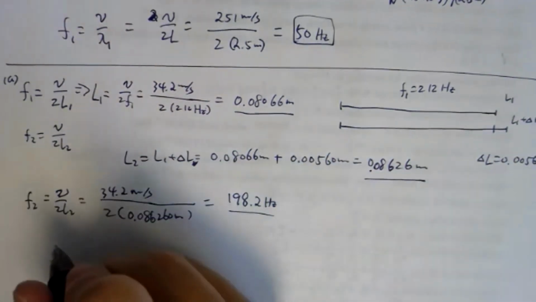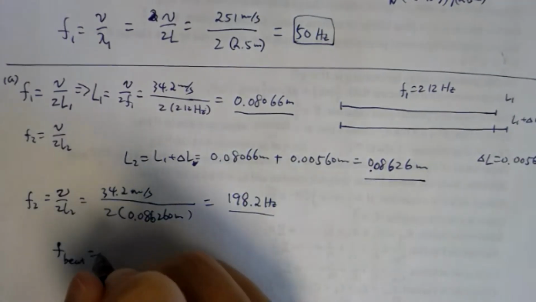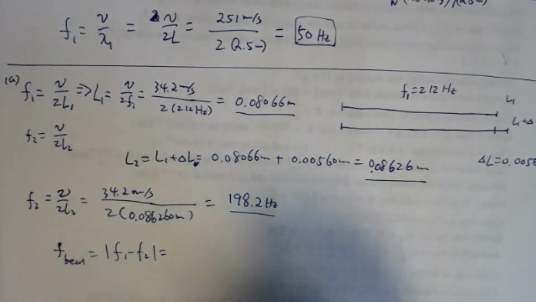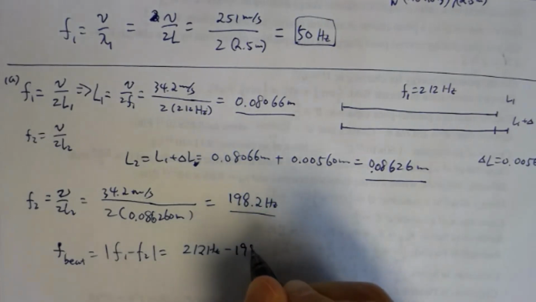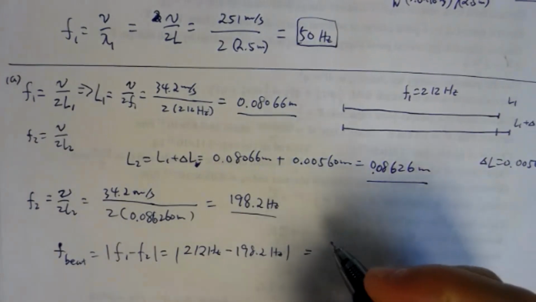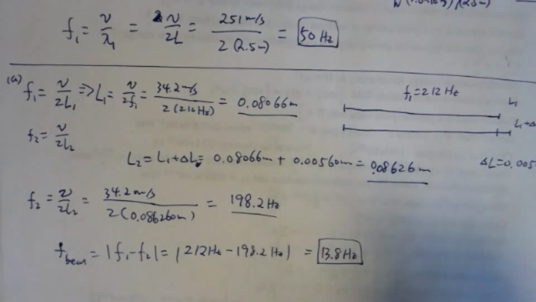Okay, so the beat frequency then will be the absolute value of the difference, f1 minus f2. So 212 hertz minus 198.2 hertz, that would be 13.8 hertz, which will be the beat frequency.